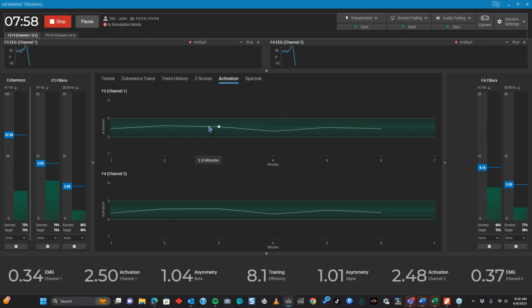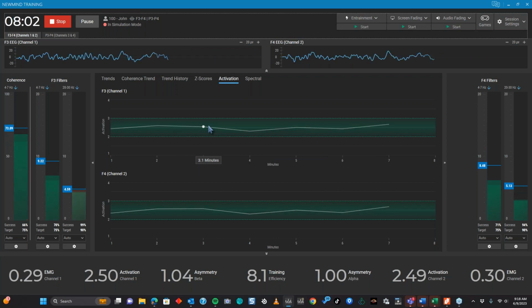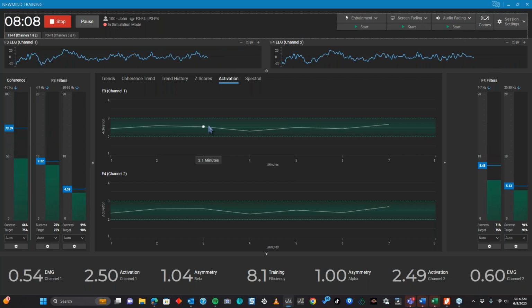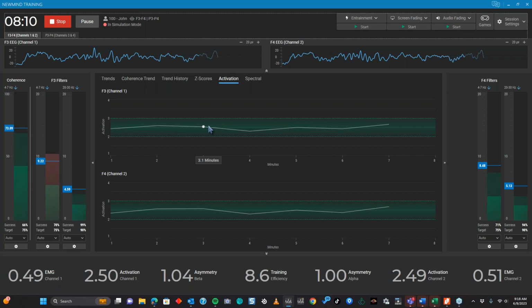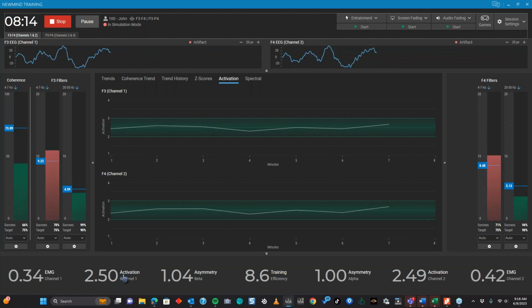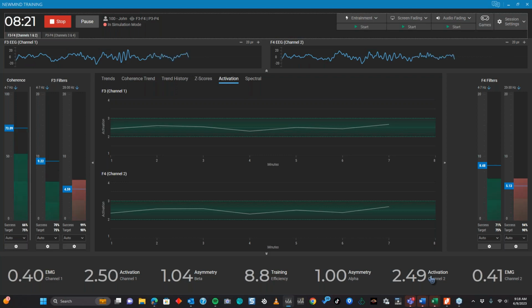Since I'm not training any delta and theta down, asymmetry protocol really isn't going to have any impact on activation. Now, yes, you are bringing beta up on the left, so we might see a mild impact in the activation scores, but that would really just be in channel 1.